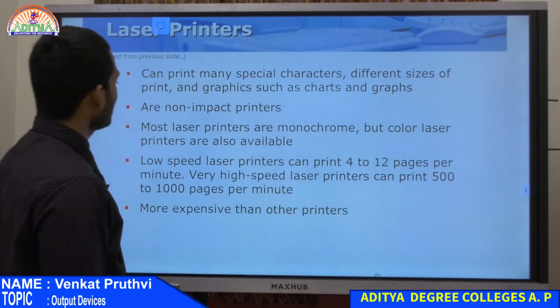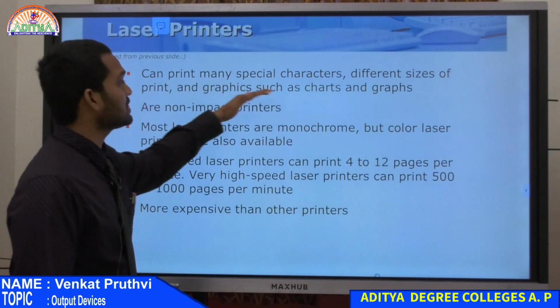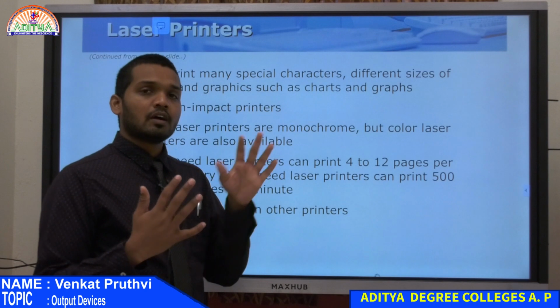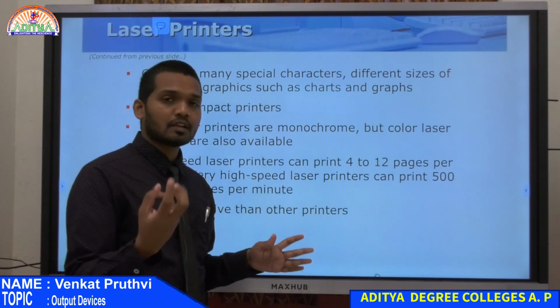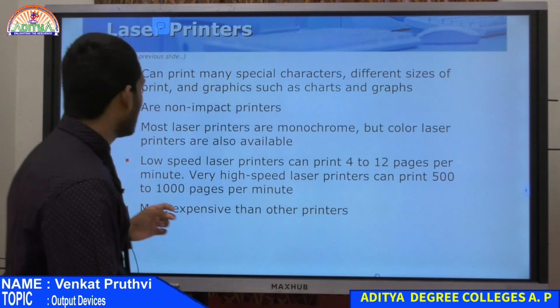So that is the reason they can print many special characters, different sizes of print, and graphics such as charts and graphs. Whatever you want, you will be able to, because the toner will be fused with the paper, and heat will be generated. Based on that, there will be an output on the paper.